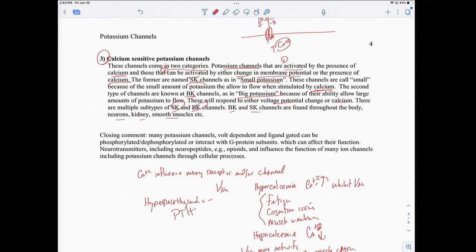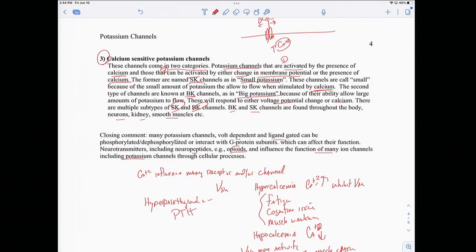So my closing comment here is that many potassium channels, voltage-dependent, ligand-gated, can be phosphorylated, dephosphorylated, interact with G proteins and such, which can then affect their function. Many neurotransmitters, neuropeptides, which would include opioids, or influence of other neurotransmitters, can influence the function of many ion channels, including potassium channels, through these various cellular processes.